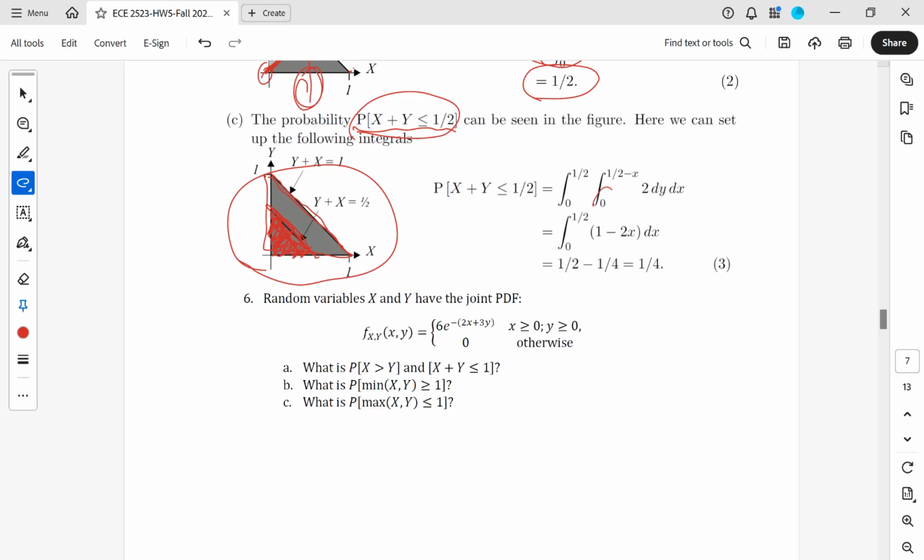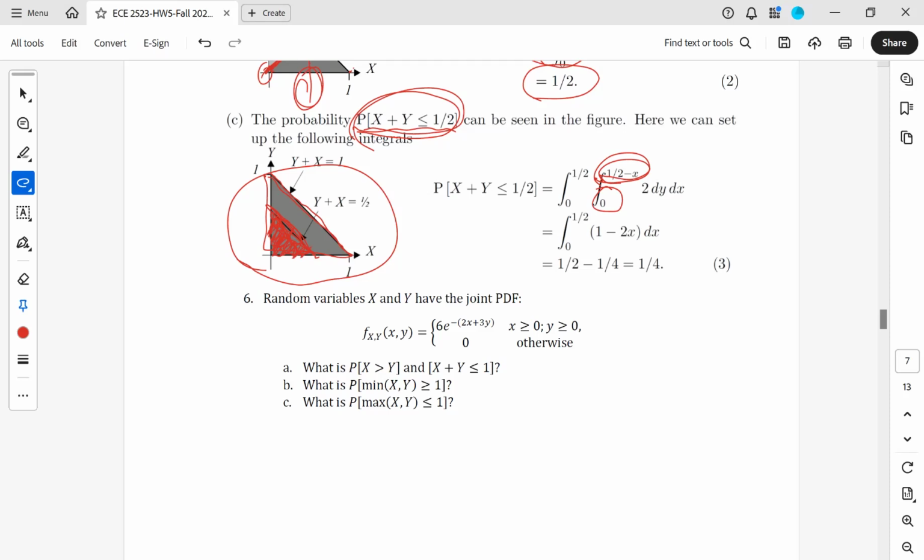But now you have to pay attention. When you want to integrate over y, the condition in the PDF range is not the one that limits the values of y, because we have a much stricter condition in our event. So you have to calculate based on the intersection of the two conditions.